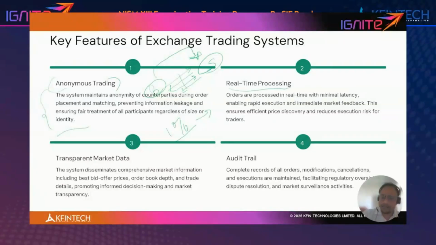Real-time processing. Obviously, whenever there is a transaction which is happening, a buyer and a seller, the real-time prices are quoted based on the demand and supply in the market. So if a purchase order is placed, it will be placed higher above the previous order if there is a lot of demand.